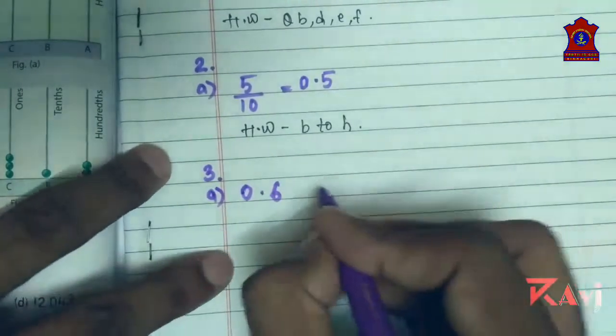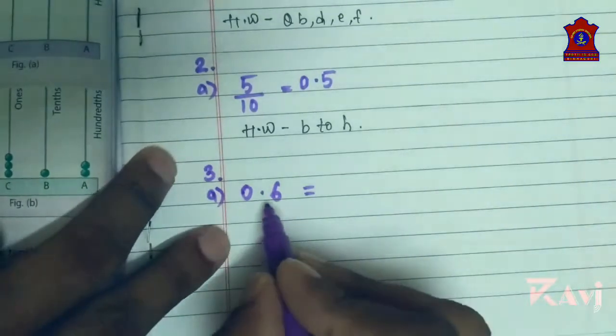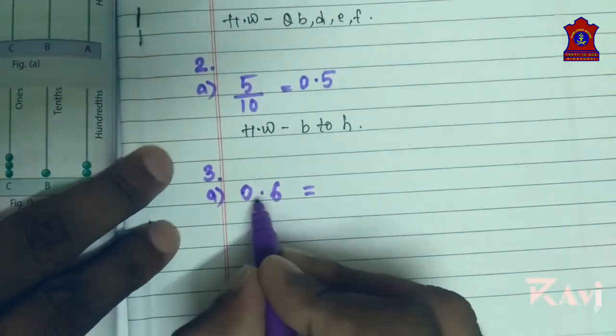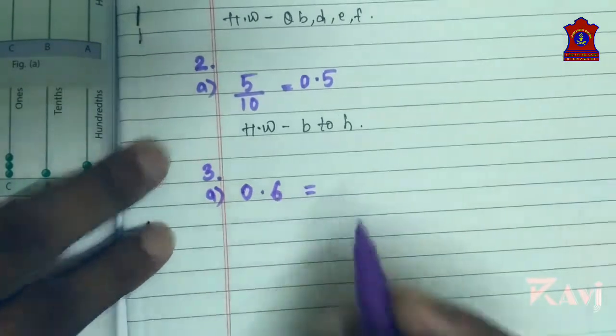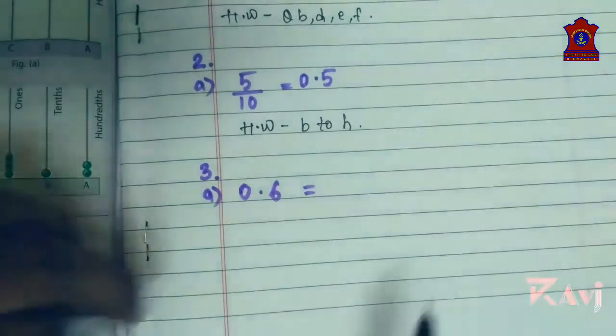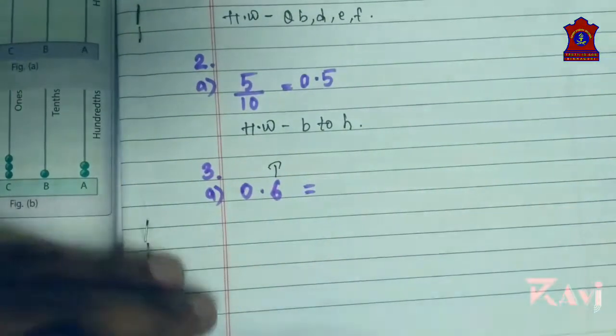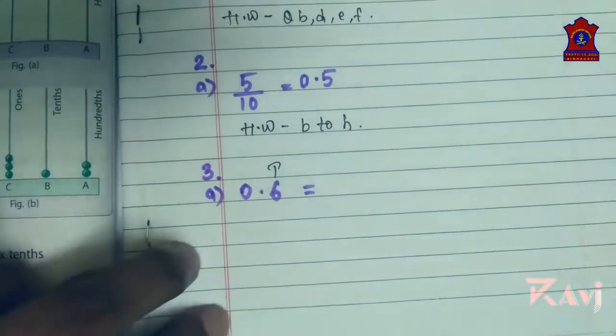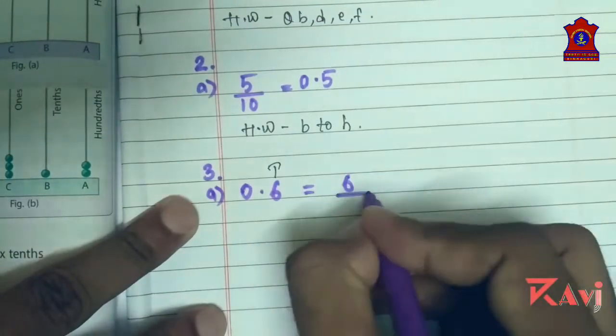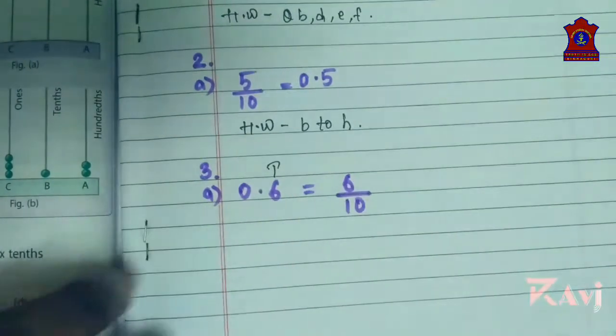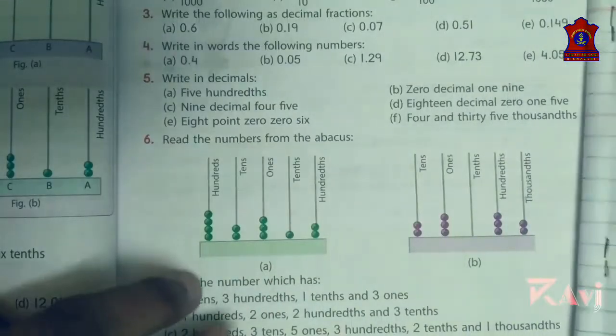How to write the answer? 0.6. See, what is the place value of 6? After the decimal, the first place is tenths. So the answer will be 6 upon 10. Clear? Understood?